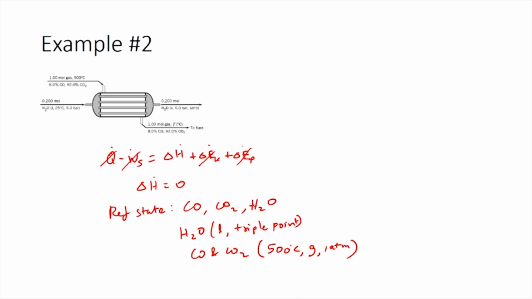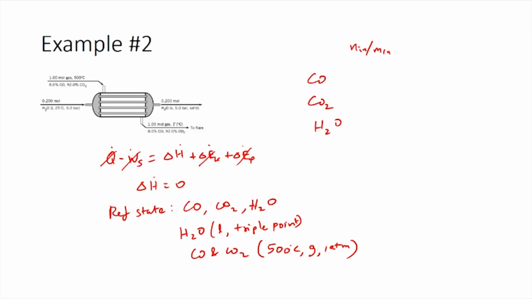Now that we have identified the reference state, the next step is to draw the enthalpy table. So, the enthalpy table for carbon monoxide, carbon dioxide and water vapor can be written. So, you would have Nn or Mn. So, I am also writing Mn because the value for enthalpy given in the steam tables would be in terms of kilojoules per kilogram.